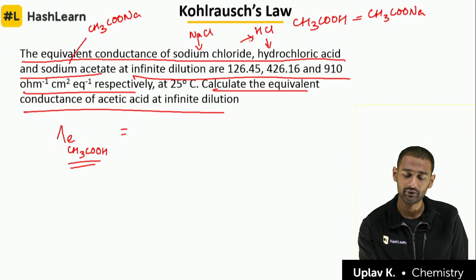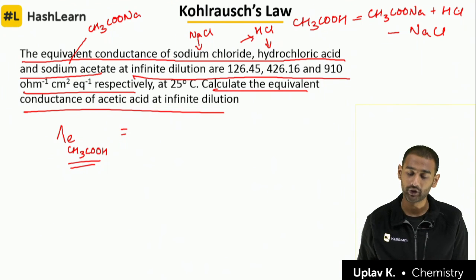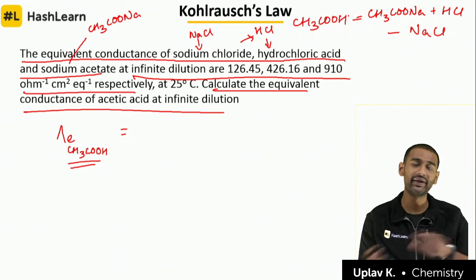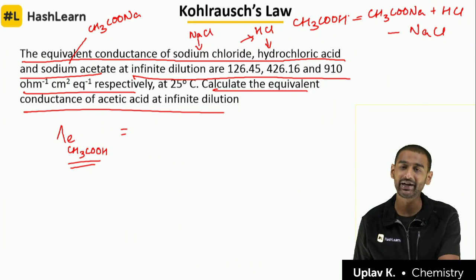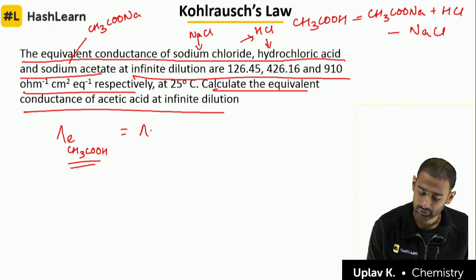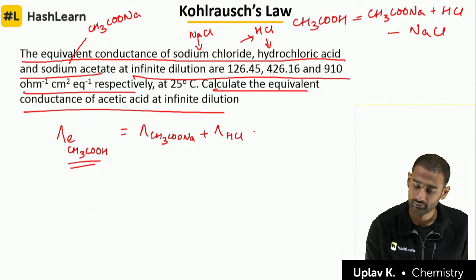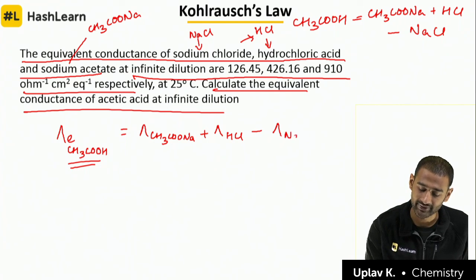I want to add an H, so plus HCl, but minus NaCl because I want to remove Na and Cl. If this is how you make CH3COOH, the equivalent conductance will also follow the same pattern. So it will be equal to the conductance of sodium acetate plus the conductance of HCl minus the conductance of NaCl.